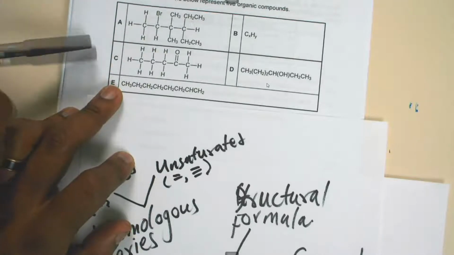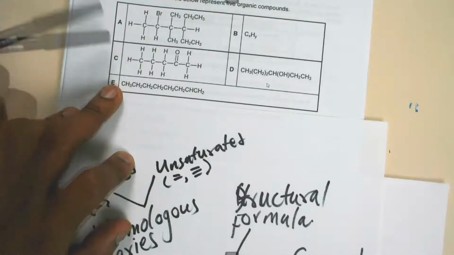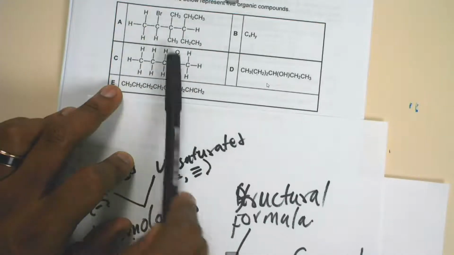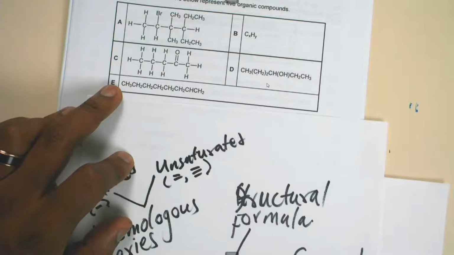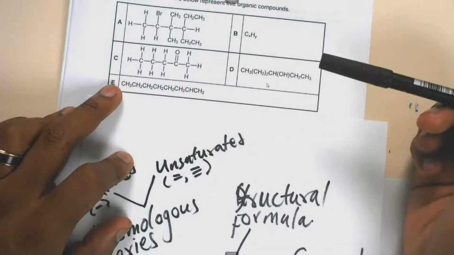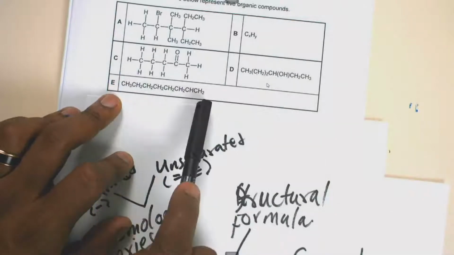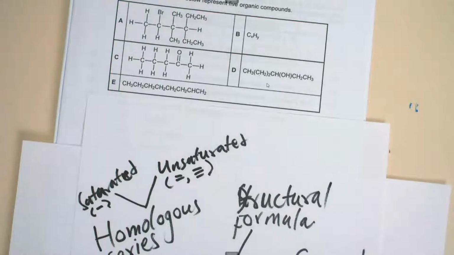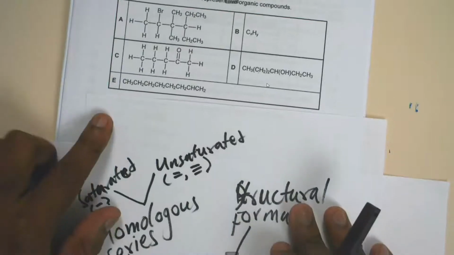For C, we have already identified the functional group, so it becomes a ketone. Then we have an OH, which will be an alcohol. So the only correct answer here should be E. And if you are uncertain of your answer, usually the preferred method is to draw these particular structures.